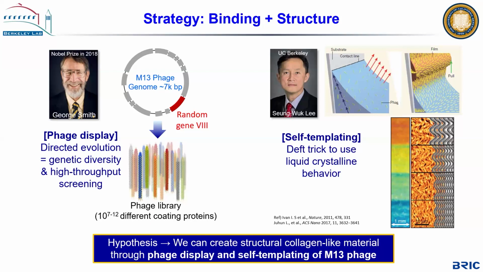And self-templating is a relatively new technique developed by my PI in our lab at UC Berkeley. It is called the dip trick, using the liquid crystalline behavior of nano biomaterials. In the process, we are pulling the substrate out of solution, and at the meniscus, because of evaporation, the phages deposit on the substrate. Under high concentration, they form this liquid crystalline structure. So we can tune the optical properties and also the dimensions of the structures through this templating assembly.